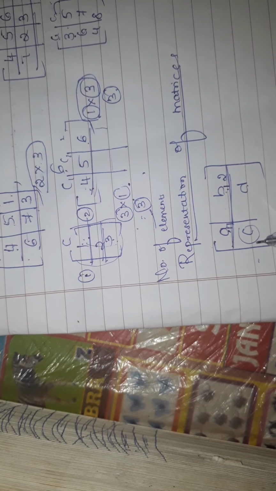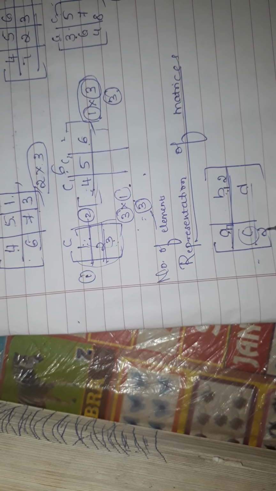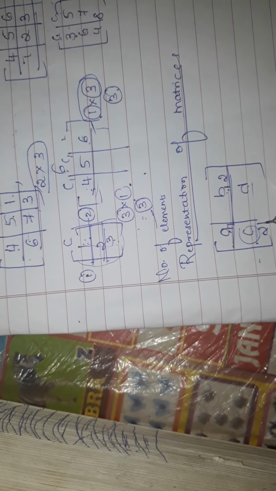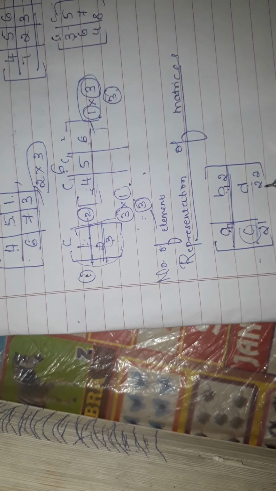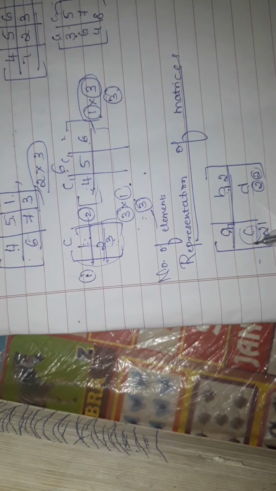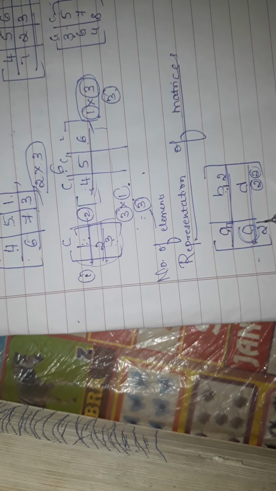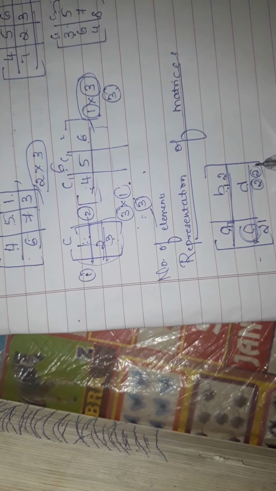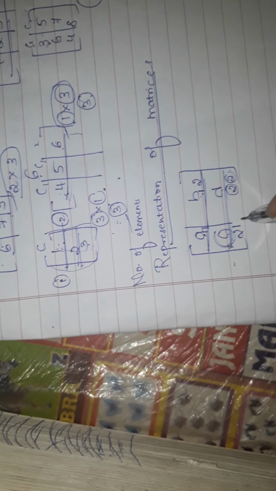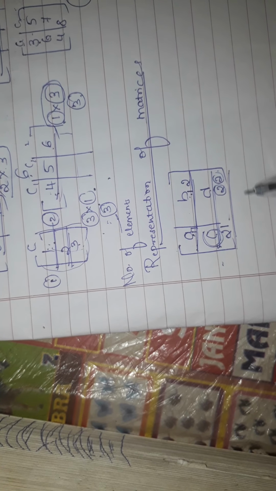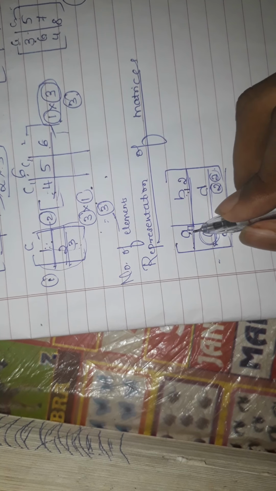This is the first column in the second row, so this is 2 1, and this will be 2 2. Why? Second row, second column, you can see here. This is how we write the name, how we represent the elements in the matrix.